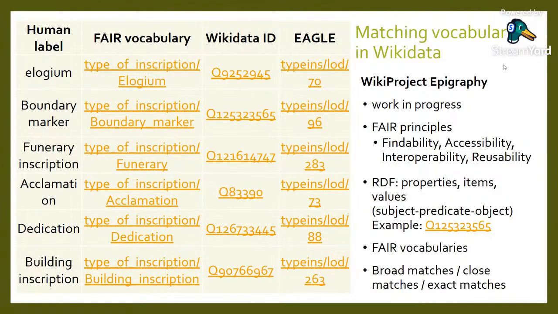But we should also keep in mind that Wikidata wasn't created as a humanities database, let alone an epigraphic one. So what we are currently doing is adopting epigraphic terminologies from outside the Wikimedia environment and integrating them into Wikidata, sometimes adapting them in the process because a similar concept might already exist, but we don't want to delete it.